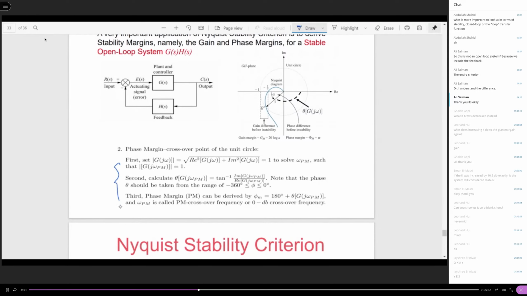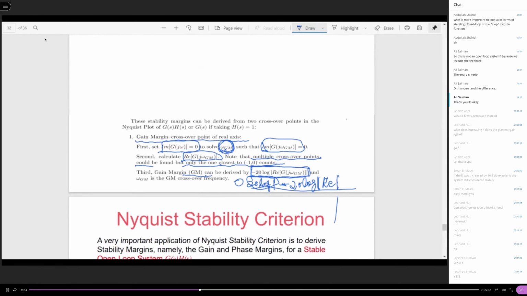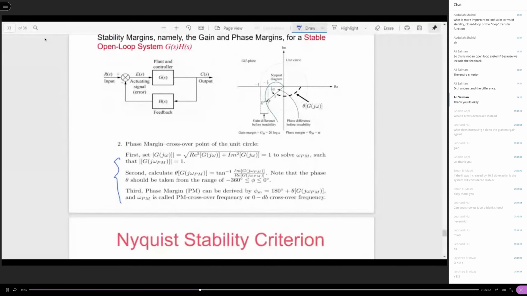So the phase margin is going to show up in this 3-step process again. How to calculate this? Okay, let's look at this. Once again, the crossing over point we are concerned about is this one. Correspondingly, there is a crossover frequency, and this time it's omega PM, the phase margin crossover frequency, right?